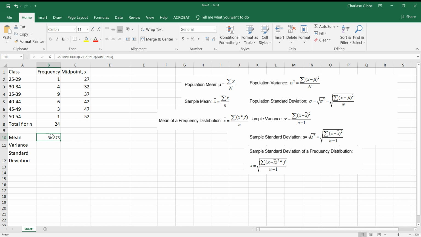Either way. So SUMPRODUCT, I'm going to put the formula here so that you can see it and have it for reference. That's the formula we use to find the mean.